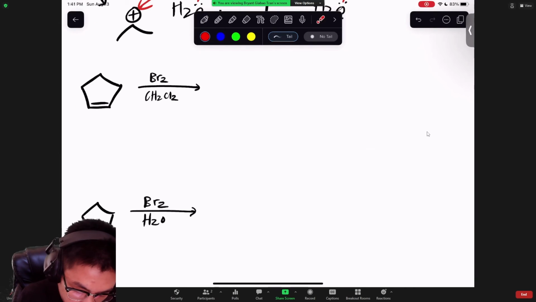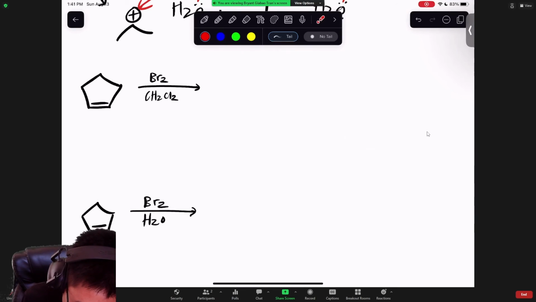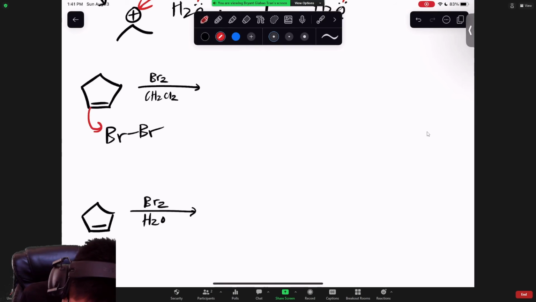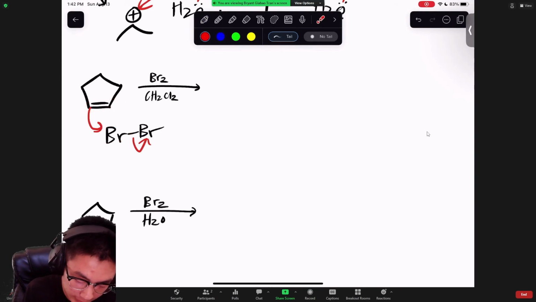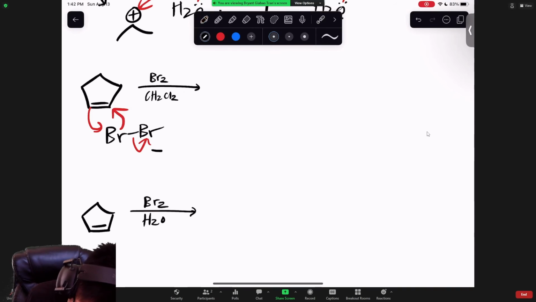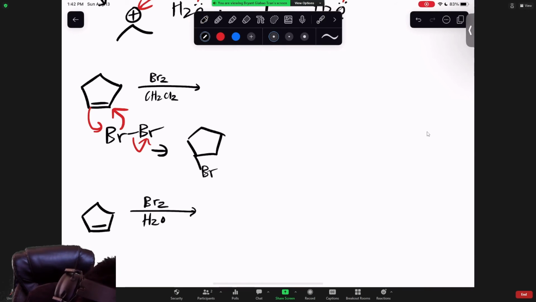We see we have Br2 and a non-nucleophilic solvent, which means that we are going to attack one of the bromines and then kick out the other bromine, and then as this bromine is getting more electrons and this alkene is losing electrons, this is becoming more electrophilic, this is becoming more nucleophilic, where this bromine will attack the other side of the alkene and form this bromonium ion over here.